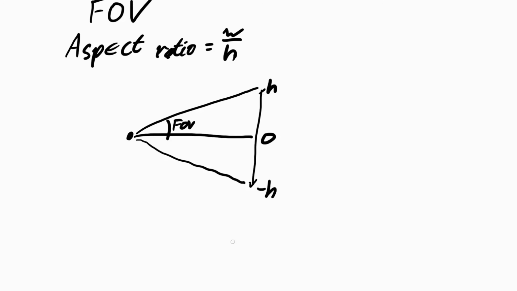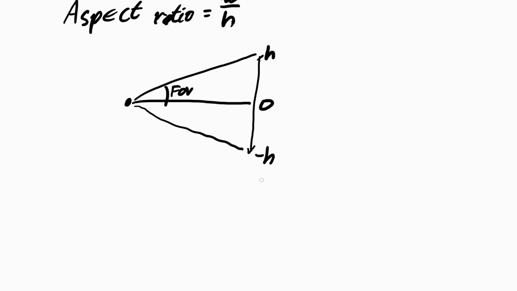And so we will be given the field of view. The field of view is part of describing the camera. So a really small angle is similar to being really, really zoomed in, and a really big angle is similar to being zoomed way, way out.